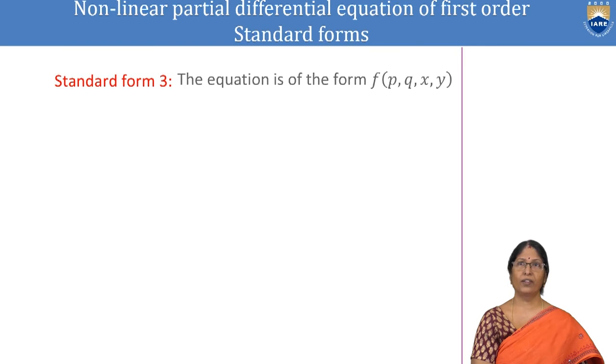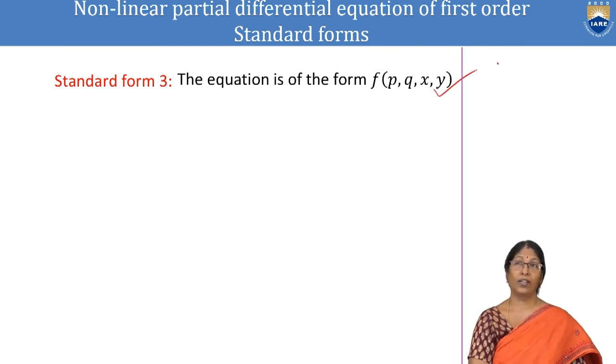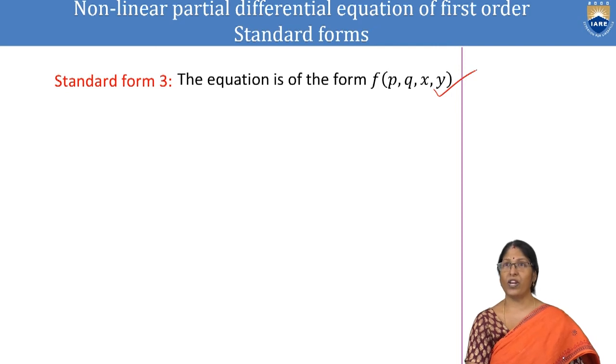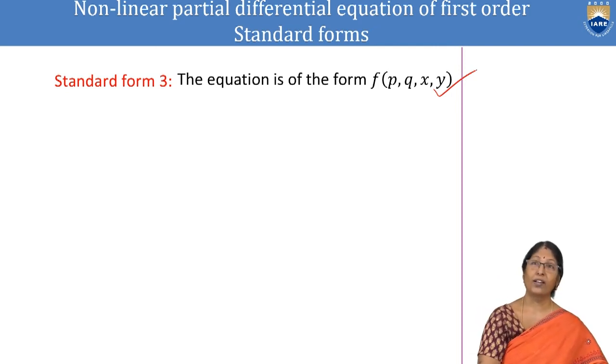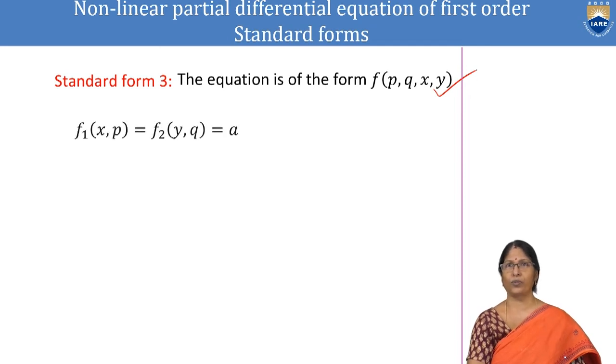Standard form 3. Among the 5 variables x, y, z, p and q, 4 are playing a role, only z is neglected. Without z, the equation is there, then it comes under standard form 3. What are the steps to be followed?